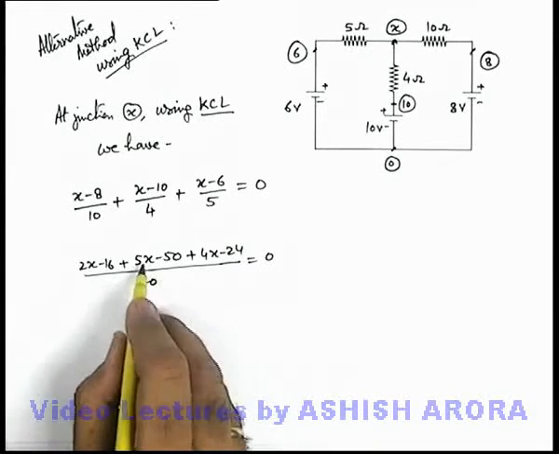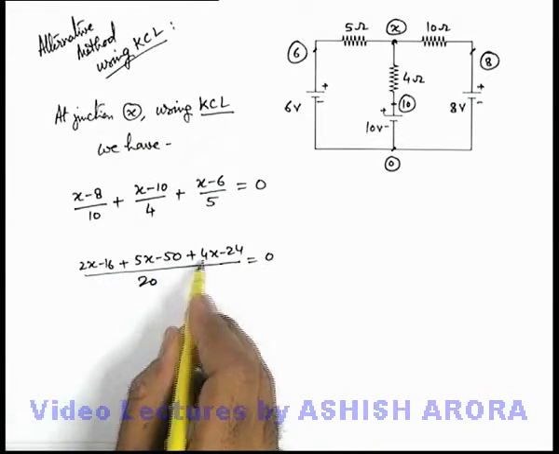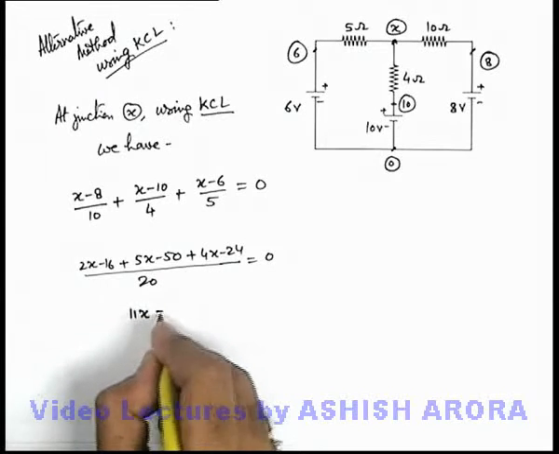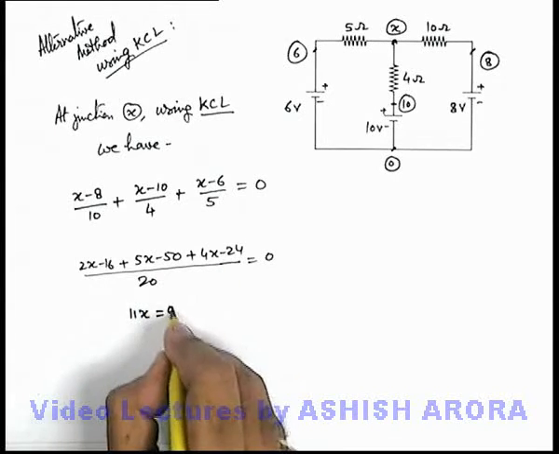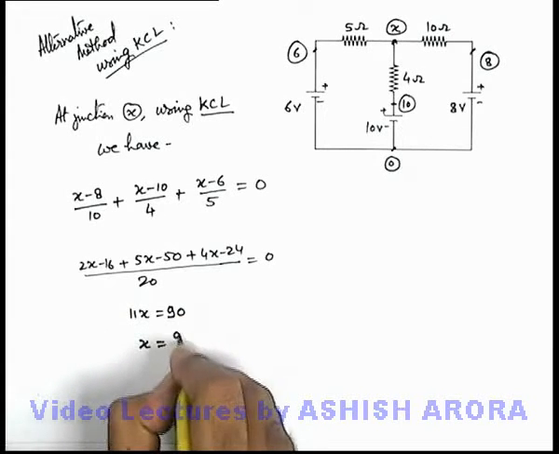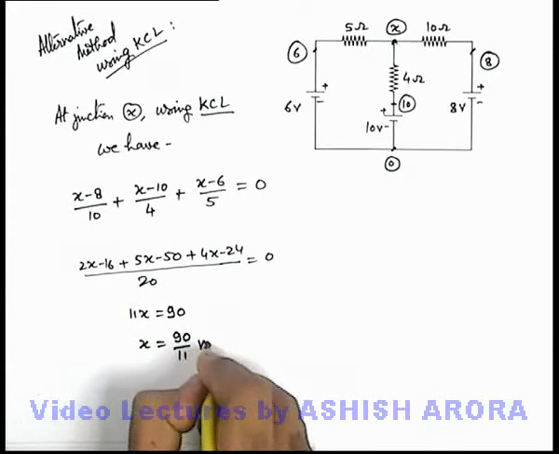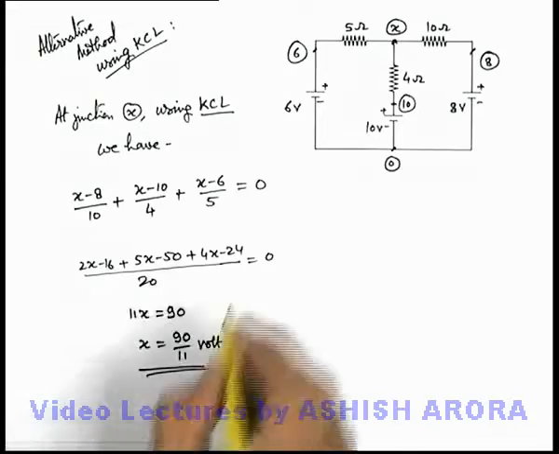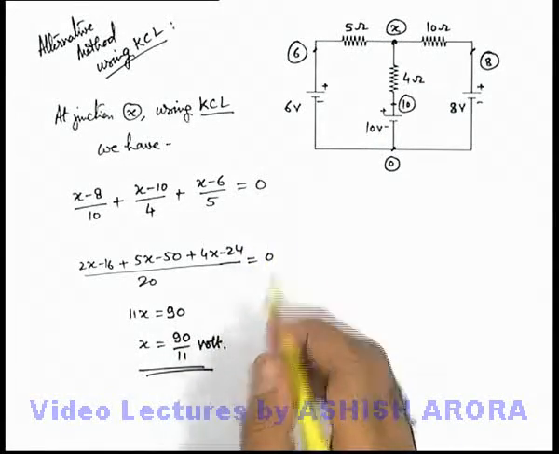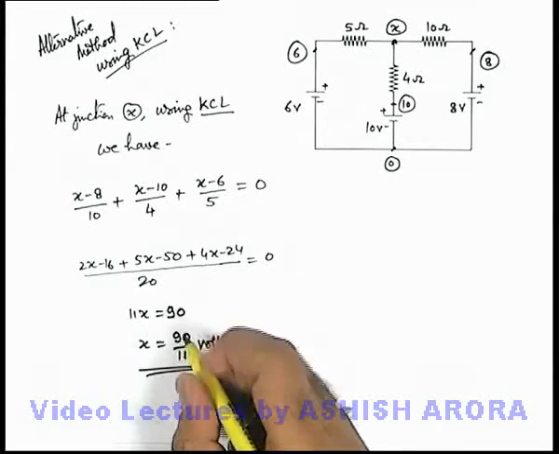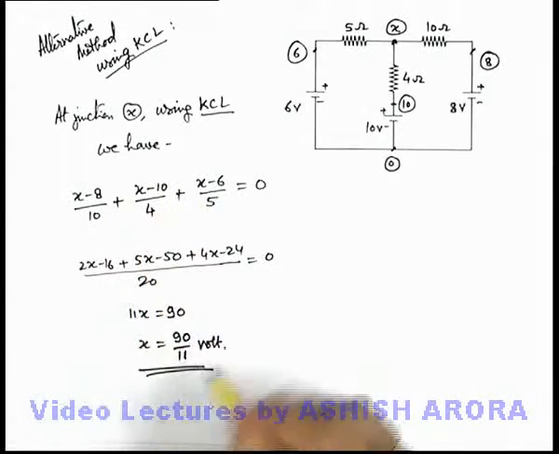Further on simplifying, 2 plus 5 plus 4 is 11, so 11X is equal to 16 plus 50 plus 24, which is 90. Then the value of X we are getting is 90 by 11 volt. That is the potential of the junction where we had taken an unknown potential X. It is equal to 90 by 11 volt, which we have calculated by using KCL.